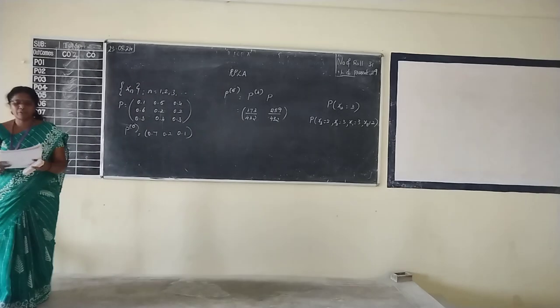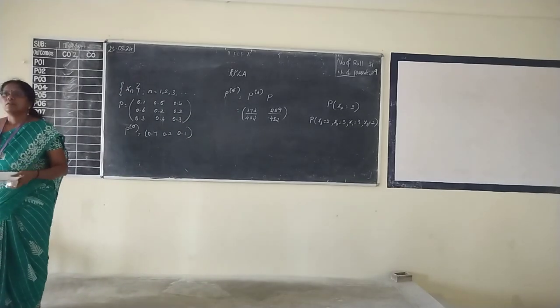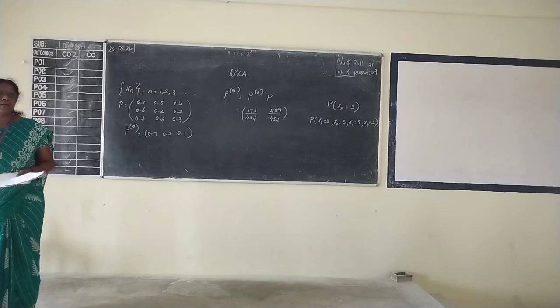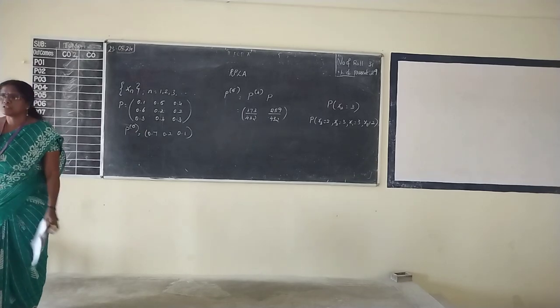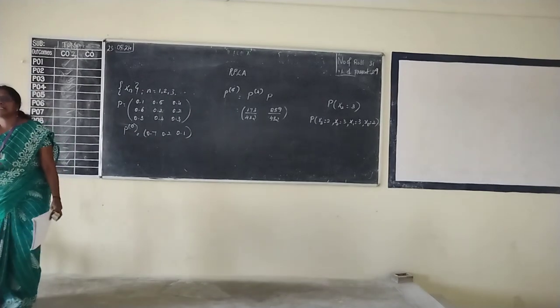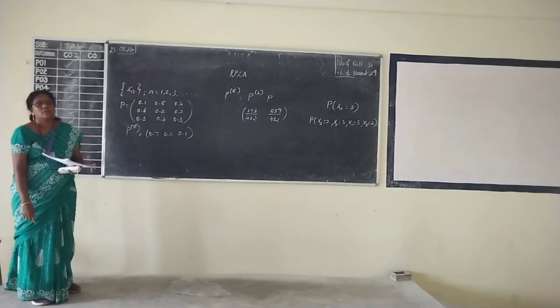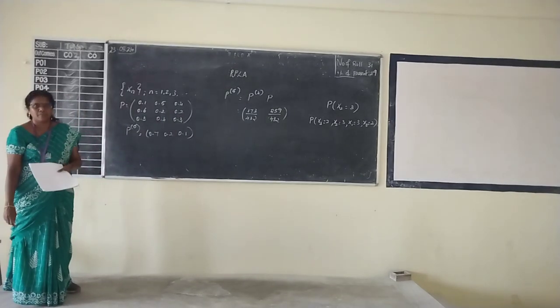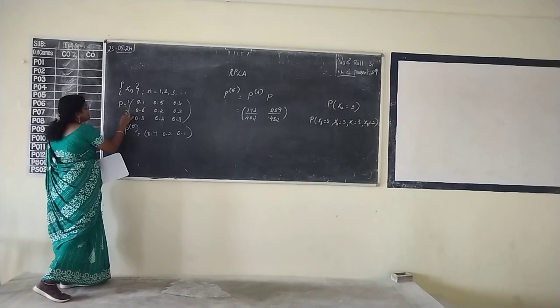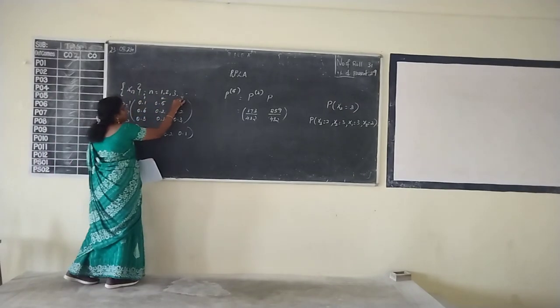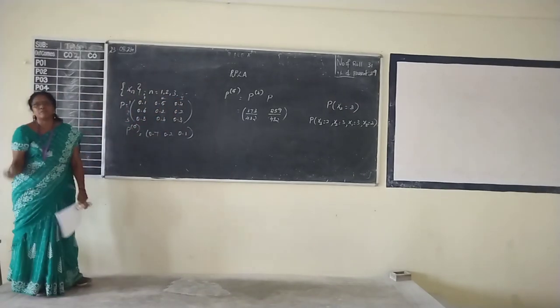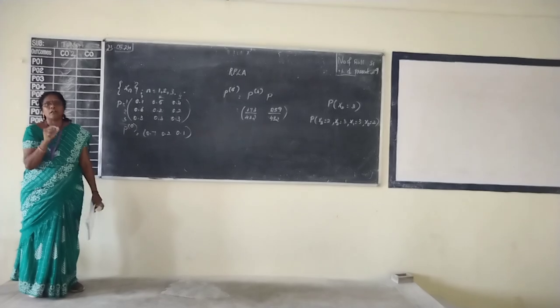So what are the things given for you? You are given the TPM and the initial state probability distribution. What are the states given here? 3 states. What are they? 1, 2, 3. Okay. So what is the meaning of this matrix now? What is the chance of moving from state 1 to state 2?